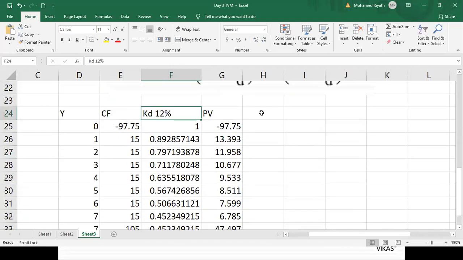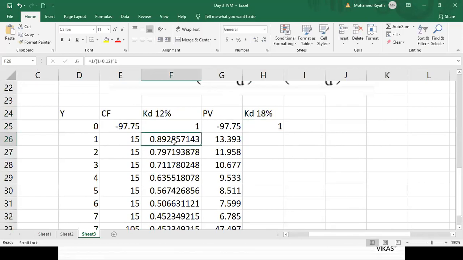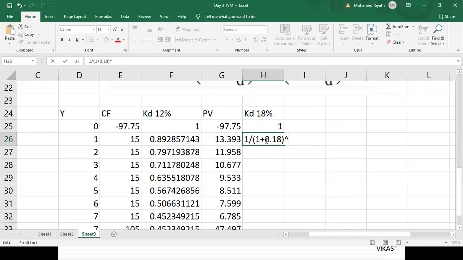We will take another rate called KD, say 18%. Again 1 over 1 plus 0.18 to the power.